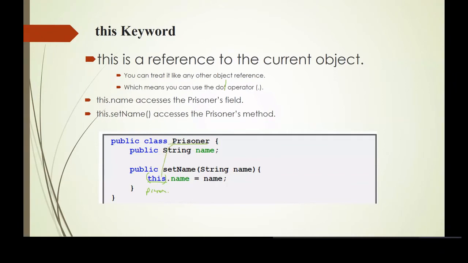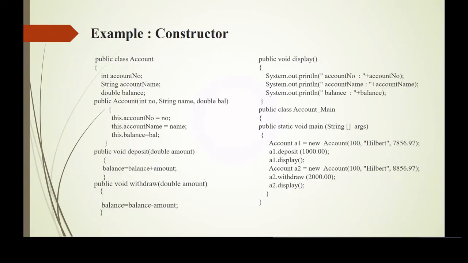So it means the current class or the current object that we are in. So this.name here means Prisoner.name equals name. For a method, you can say this dot the method name. That means you're using this class. We'll also demonstrate that in the method.